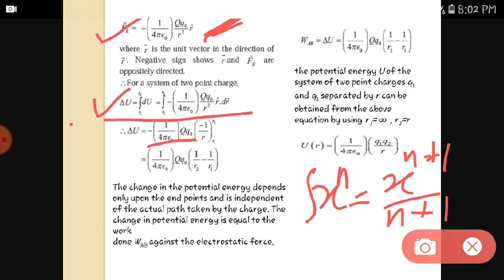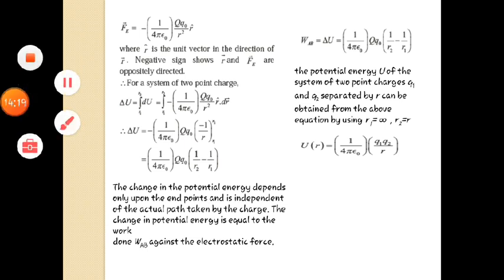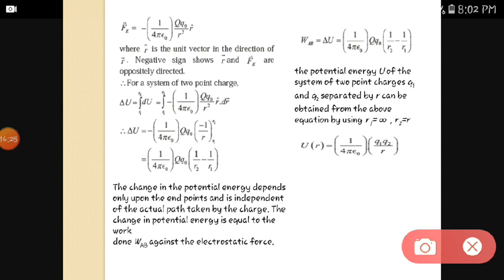In this case, what is n? n is minus 2, because r square is in the denominator. So we get r raised to minus 2 plus 1 divided by minus 2 plus 1. Minus 2 plus 1 is minus 1, and the denominator is again minus 1.